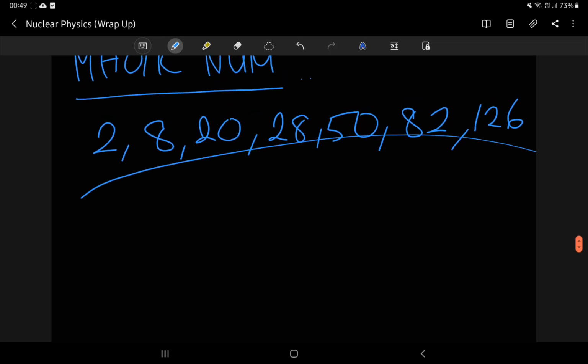So this actually represents the number of nucleons, either the proton number or the neutron number.